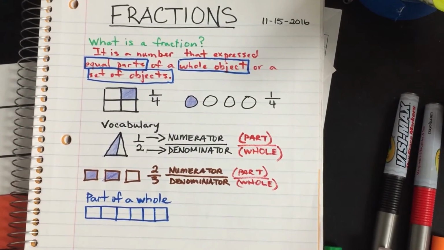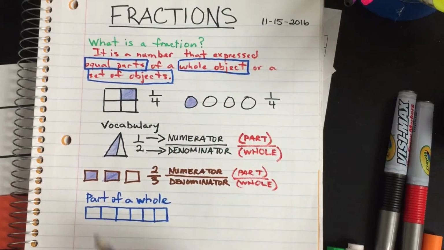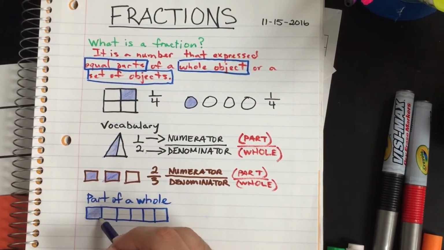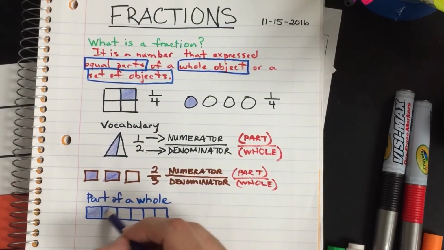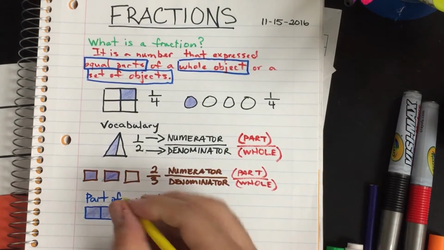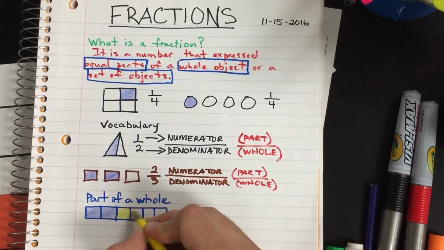Then we're going to color them 2 different colors. Let's do the first 2 in blue, and the other 4 in yellow or any other color that you want. It's up to you, but I'm going to do yellow.